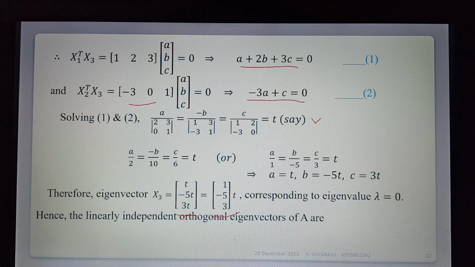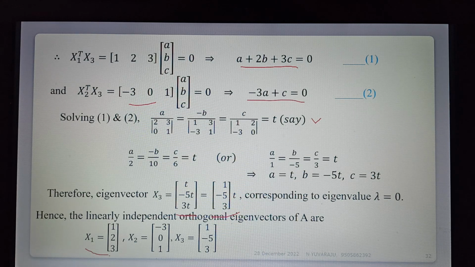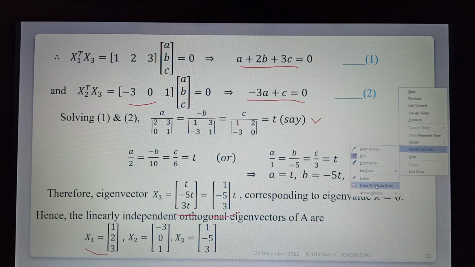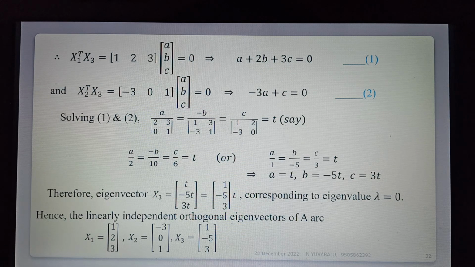This is the required orthogonal vector, and the new eigenvector replaces x3. Then x1, x2, x3 are mutually orthogonal eigenvectors: x1 is equal to 1 2 3, x2 is equal to minus 3 0 1, x3 is equal to 1 minus 5 3. So these are the required orthogonal eigenvectors of the given matrix.